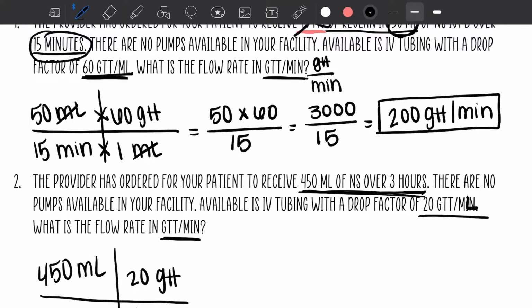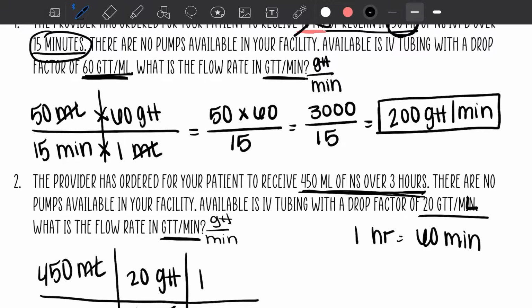Milliliters are going to cancel out, and we're left with drops over hours. But my answer needs to be in drops over minutes. So now you should ask yourself, how am I going to get hours to minutes? Well, we know that in 1 hour, there's 60 minutes. So we're going to draw a third column and pop that into here.